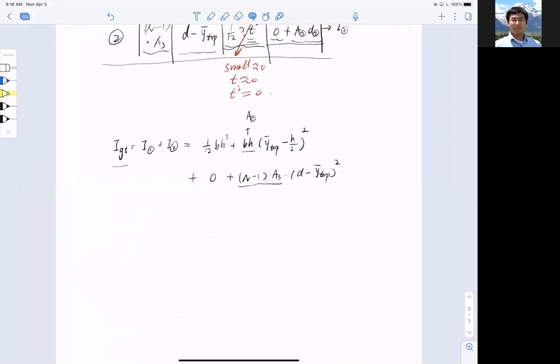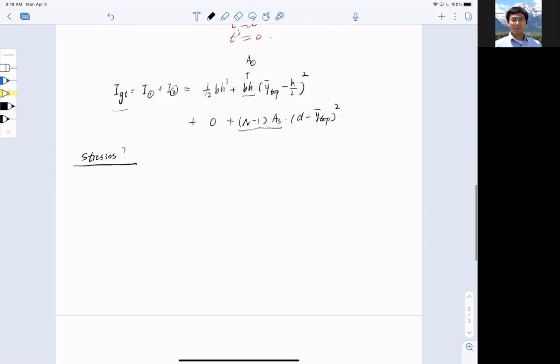All right, so now I know IGT. I want to know stresses in the section. To know the stress in the section, we need to have a moment.